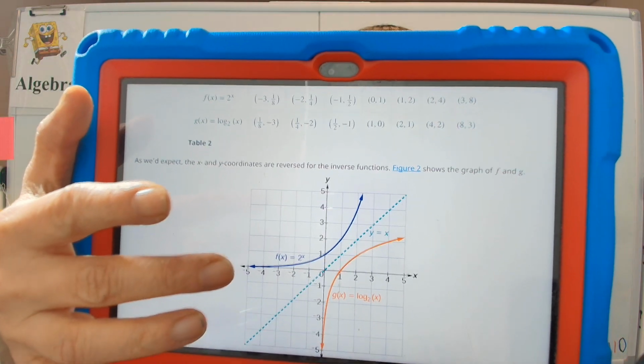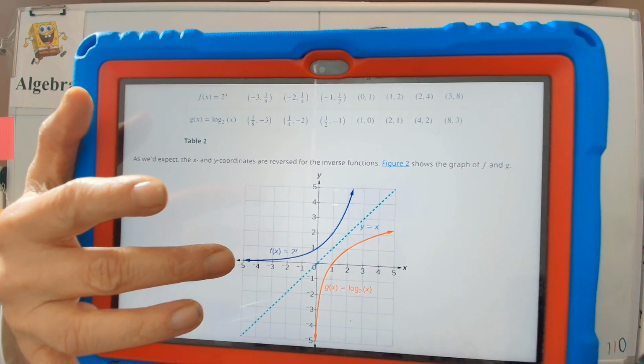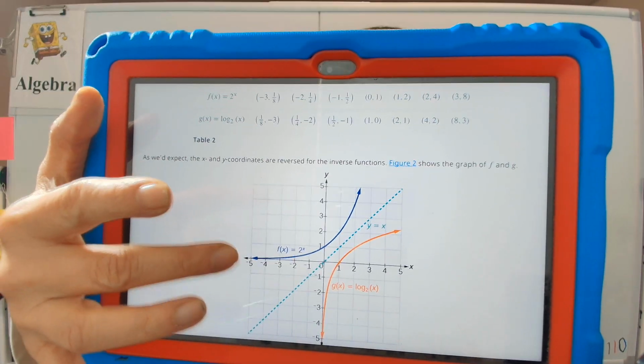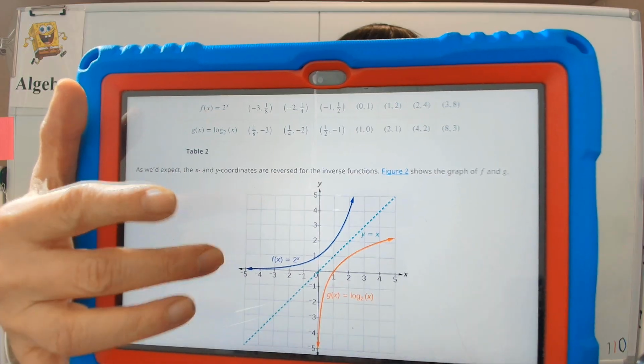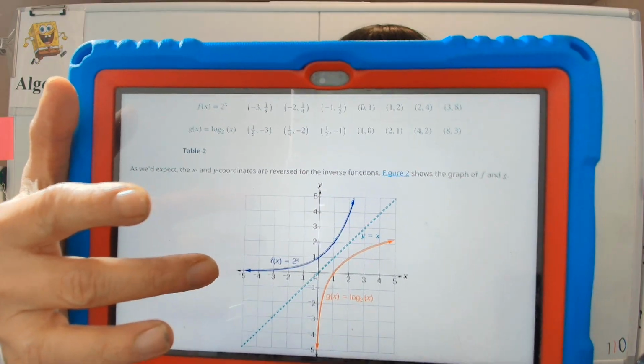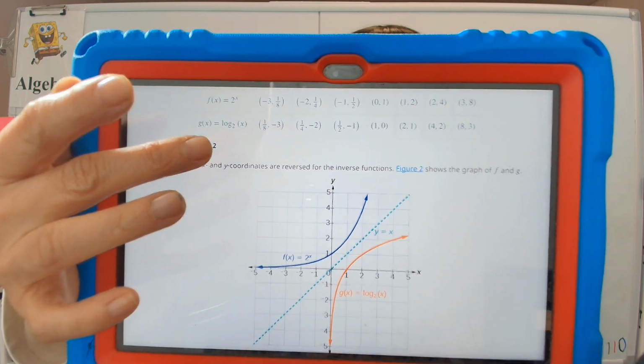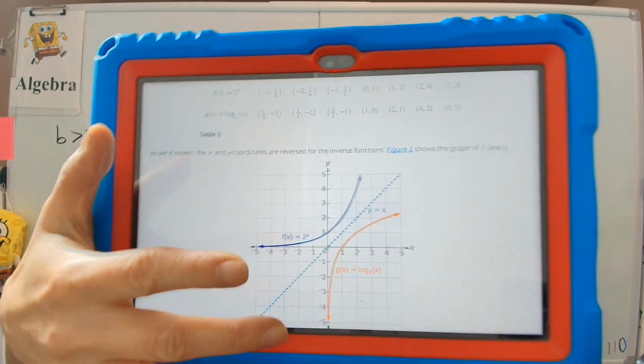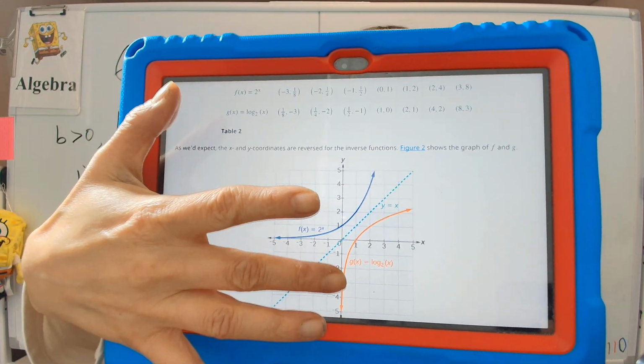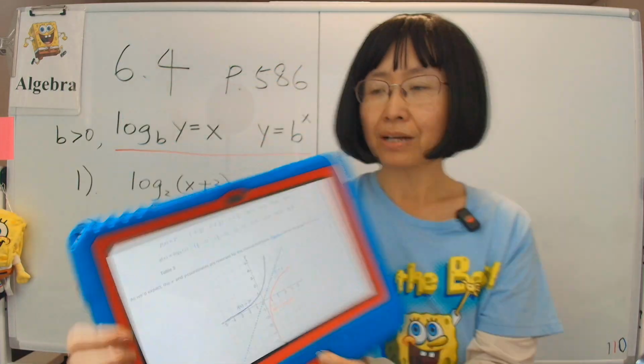Inverse functions means that you're constructing the mirror image of the function across the line y equals x. That's how you create an inverse function. If you plot this by hand, very soon you come up with this thing right here, and that's the logarithmic graph.